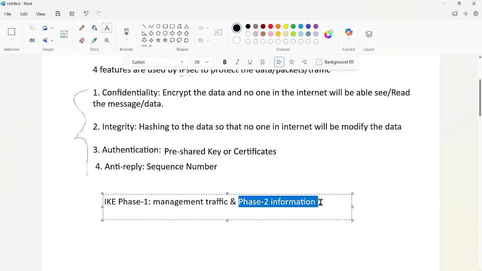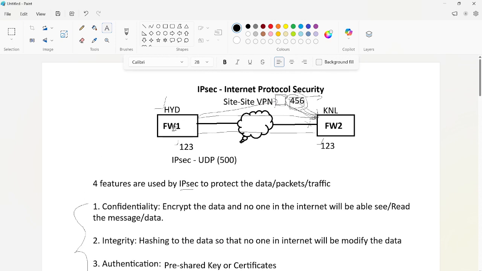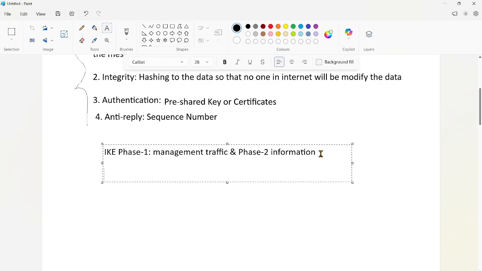As well, phase 1 is mostly used to send management traffic between your branch office firewalls.